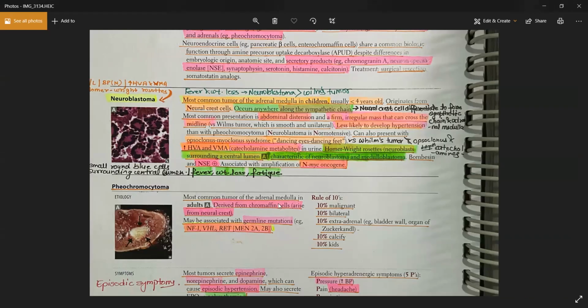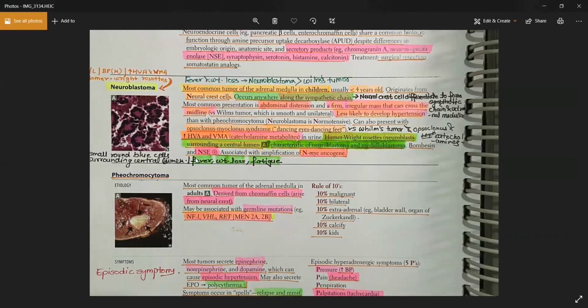Okay, they will all be positive for neuron-specific enolase. And they are associated with the NMYC oncogene. Remember, we have discussed that already in the general pathology section. The NMYC can lead to neuroblastoma. What does CMYC lead to? Burkitt. And what does LMYC lead to?